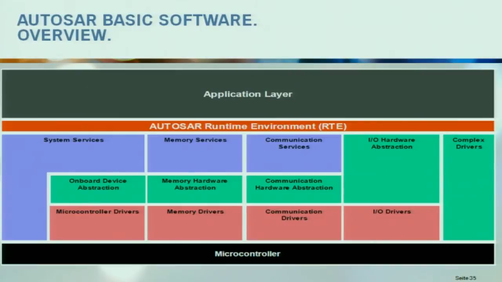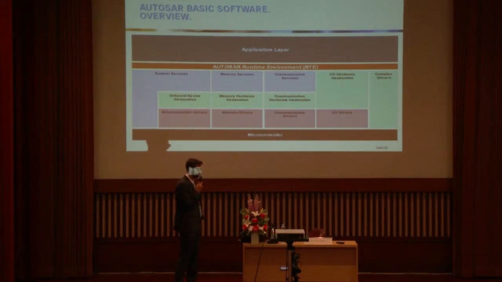And then for specific stacks, you have more abstraction layers and so on. And then you get the RTE, which abstracts from all the operating system details to the application. So the idea is whatever you change below the RTE is not of importance to the application. And therefore you can reuse the application.